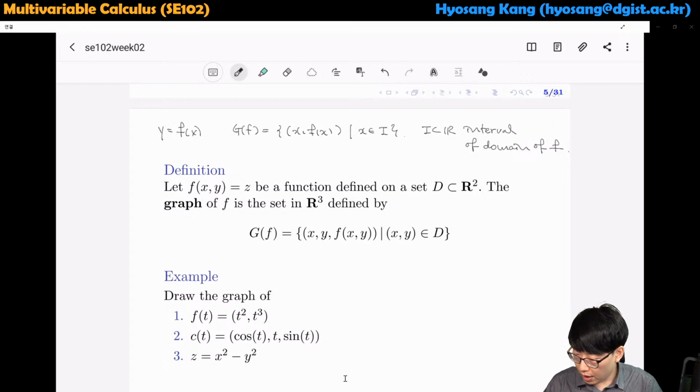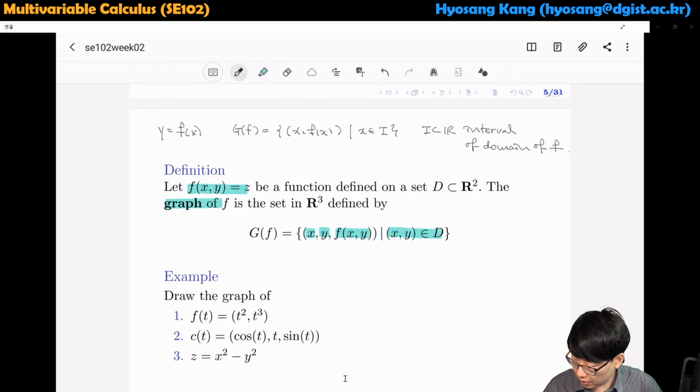Whenever we have, for example, the simplest kind of multivariable function, which is the two-variable function, the graph of this function is a set of points in three-dimensional space, consisting of x, y, and f of x, y, where x, y lies in the domain of the function.